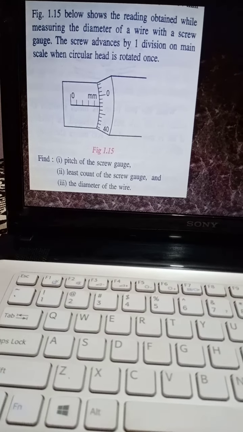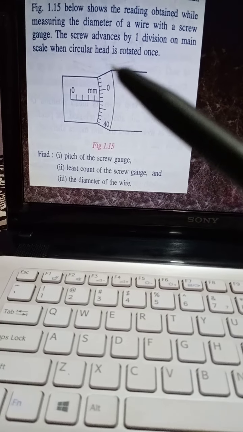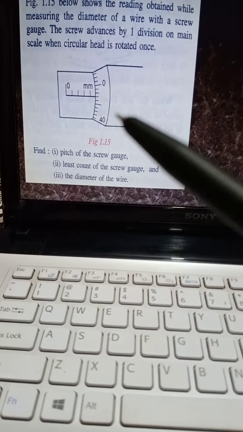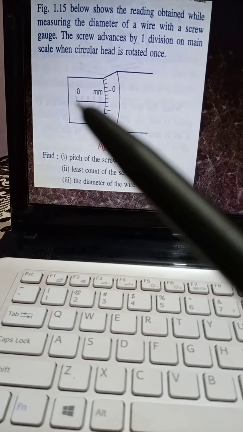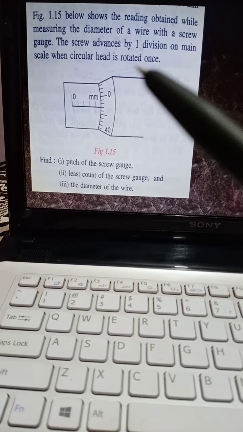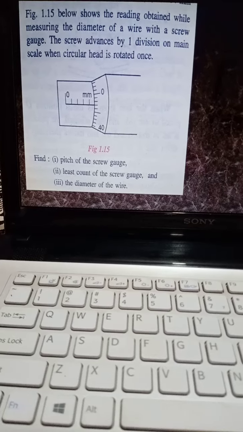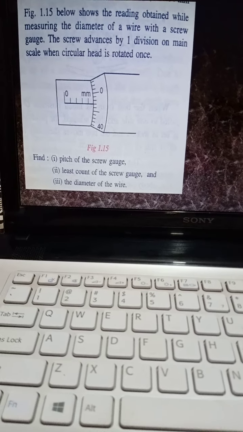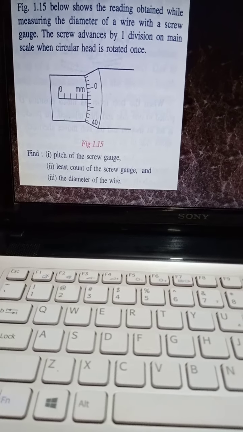So that means when this circular scale is rotated one time, in the main scale it has advanced one division. So with the help of this we are going to find out the pitch of the screw gauge.